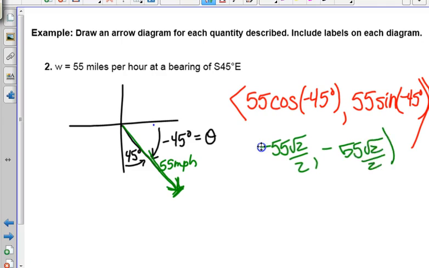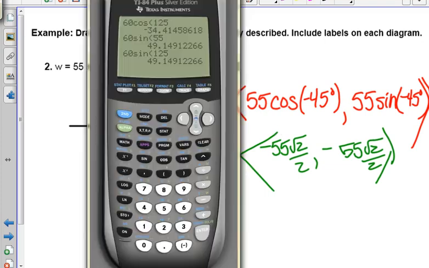But if we're going to eventually do this as an application for something, I'm going to want a decimal anyway, right? So if you did 55 times the cosine of negative 45, you got negative 38.9.